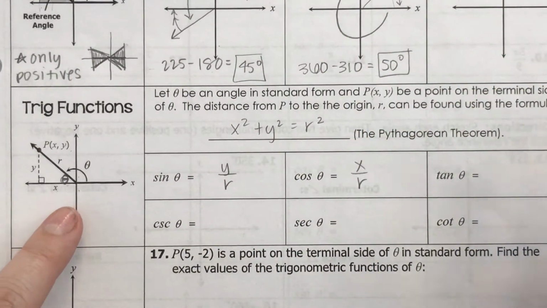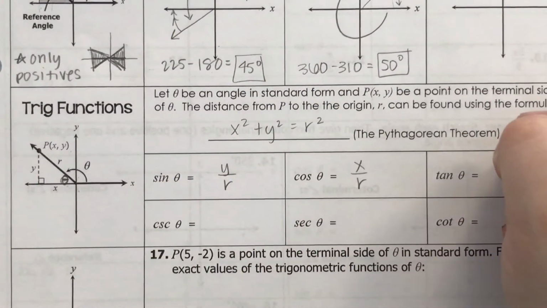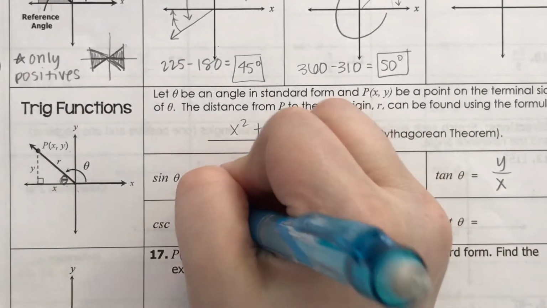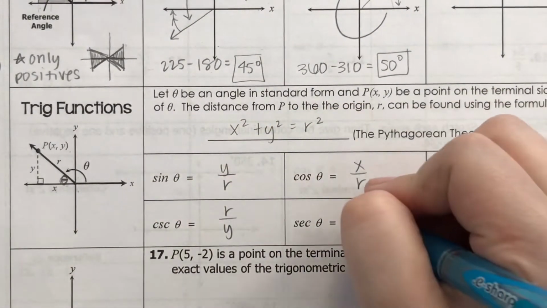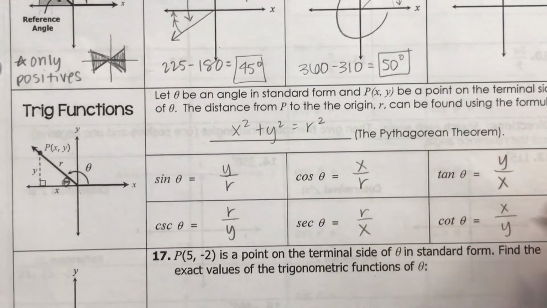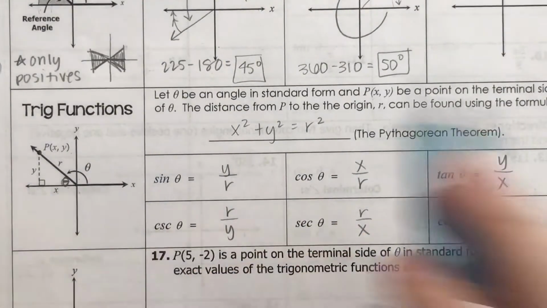And then tangent is opposite over adjacent, y over x. Okay. So cosecant, you just flip those two, r over y. Secant, r over x. And cotangent is x over y. Okay. Those are the 6 trig functions using a triangle in the coordinate plane.